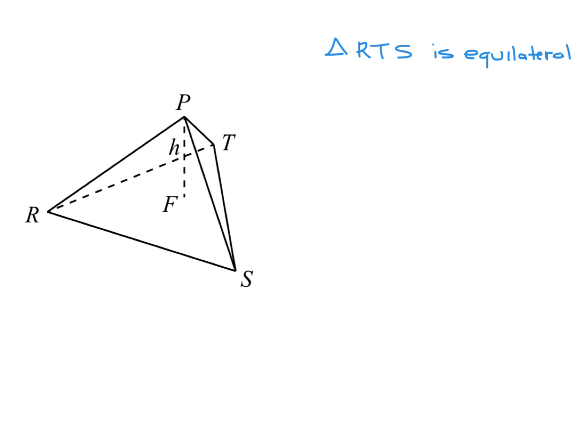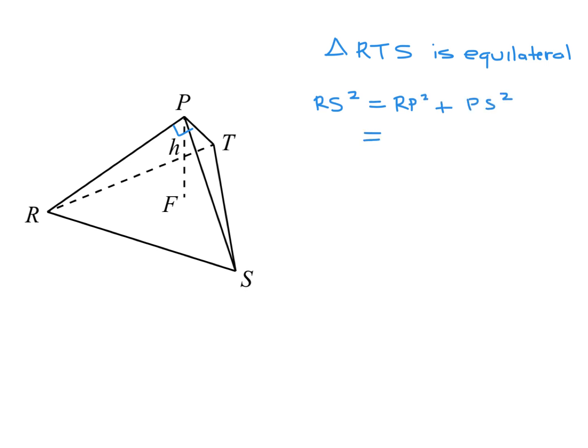Now, we can use Pythagoras to figure out what is R to S. Because if you remember, PR and PS are at right angles. That's a right angle. So RS squared is equal to RP squared plus PS squared.